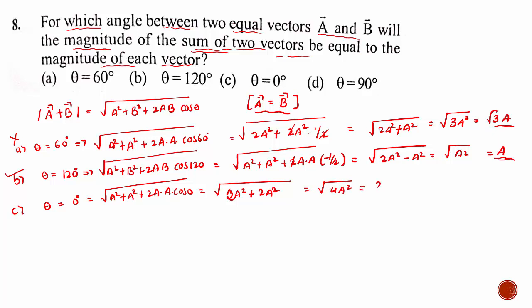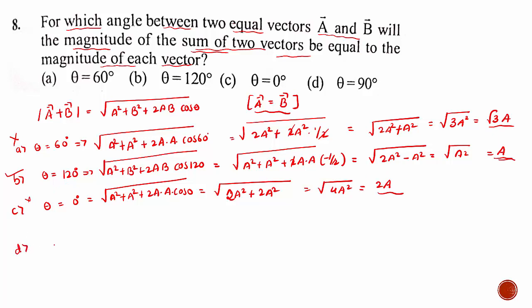Square root of 4 is 2, square root of A square is A. So we got the answer 2 times A. This is equal to 2 times A, not the same magnitude. Each vector should have the same magnitude. So again this will be wrong.